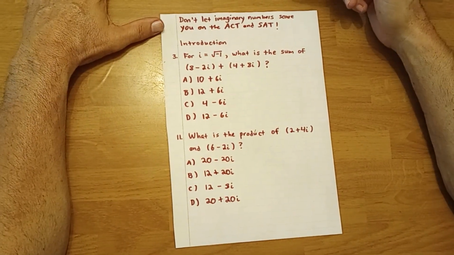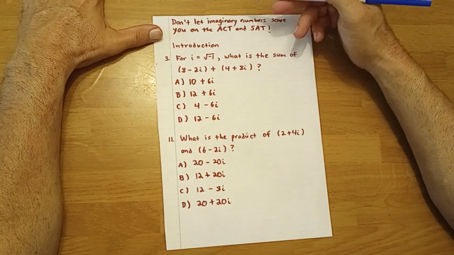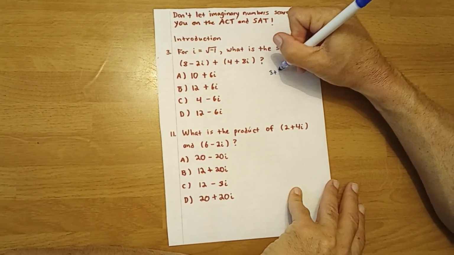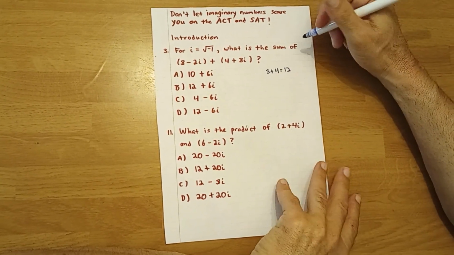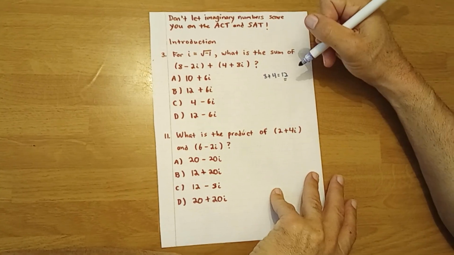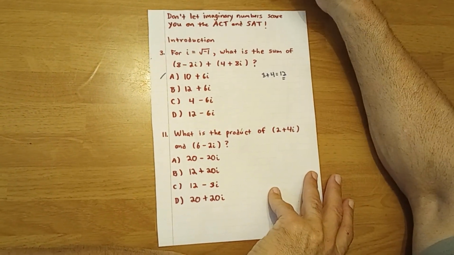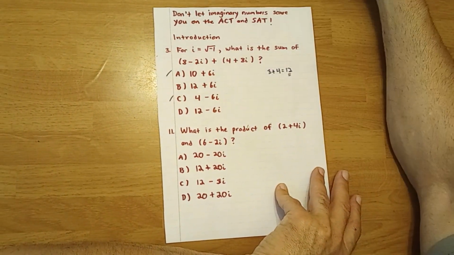So let's start with the real numbers because you might feel more comfortable with them. Here we have an 8 and a 4, right? So 8 plus 4 equals 12. So now we know that the answer must have a 12 in it, and we can eliminate answer A, which does not have a 12, and answer C, which does not have a 12.